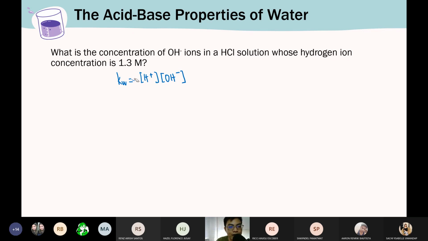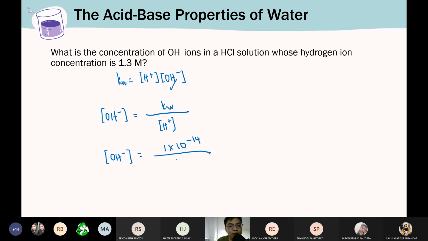So, now, what's Kw? That's 1 times 10 raised to negative 14. Since we are looking for OH, we have to write an equation wherein yung OH yung hinahanap, right? So, OH is equal to Kw divided by H plus. Okay? Kw is fixed, so kailangan kabisaduhin niyo siya. It's 1 times 10 raised to negative 14. And the concentration of H plus is 1.3 molar.